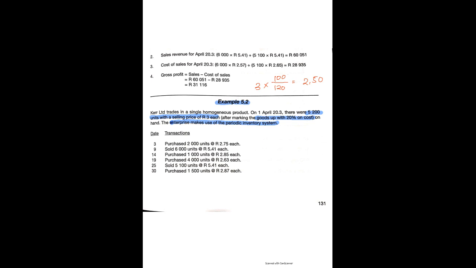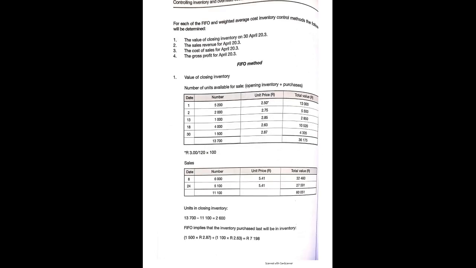Now, we're going to look at the same calculations of what's the value of the closing inventory, the sales revenue, the cost of sales, and the gross profit for both the FIFO and the weighted average method. We're starting off with the FIFO method, and there are two tables that need to be drawn up for both of these.